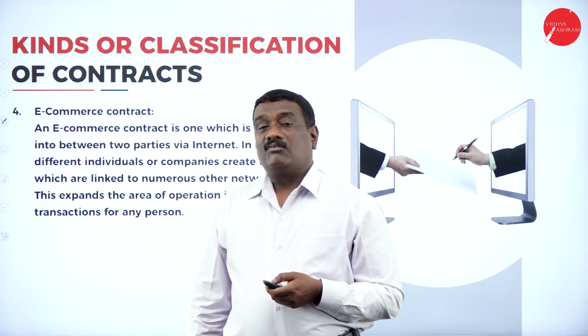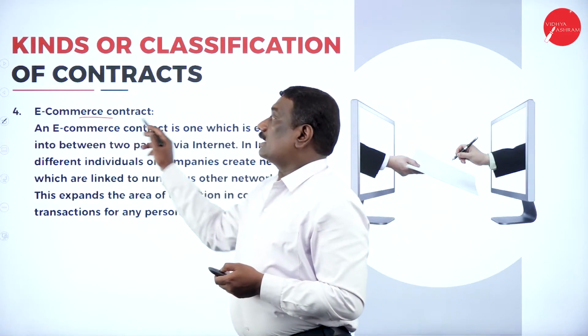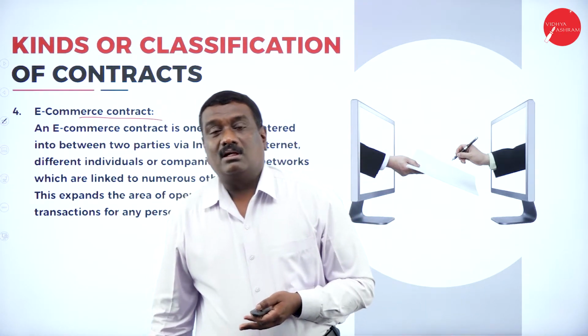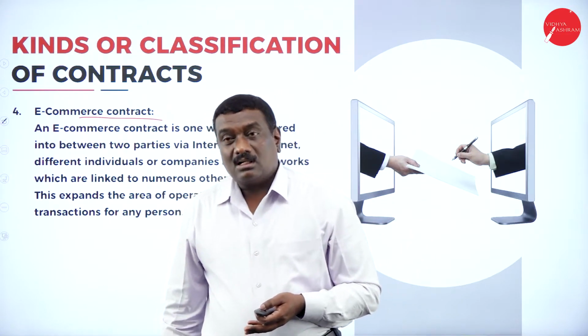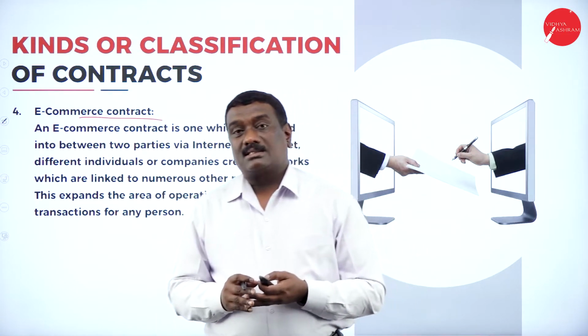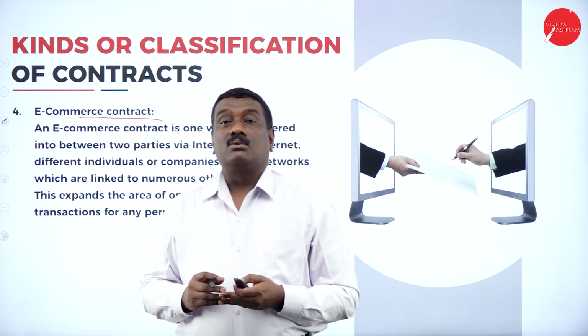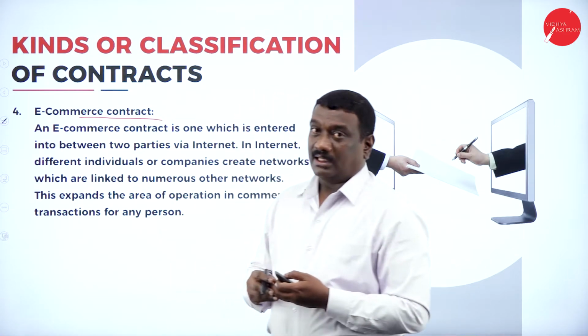Coming to the next type of contract, it says e-commerce contract. Everyone knows e-commerce. What is e-commerce? Electronic commerce. So here the contract made between the parties will not be physical, but it will be through digital mode, or electronic mode, we can say, right?